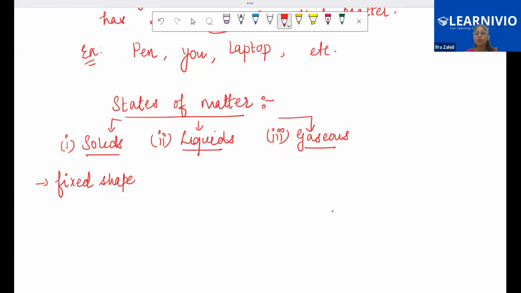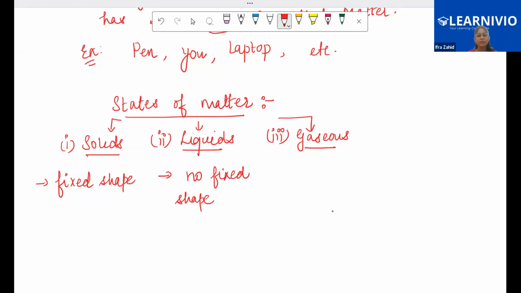Yes, solids have a fixed shape. What about the shape of liquids? Liquid does not have a fixed shape. Okay, no fixed shape. Then how will you define the shape of a liquid? The shape of liquid is always disturbed. And by disturbed, you mean?